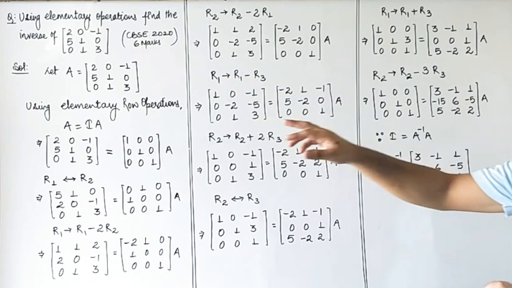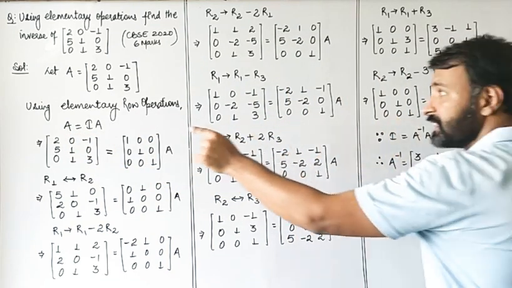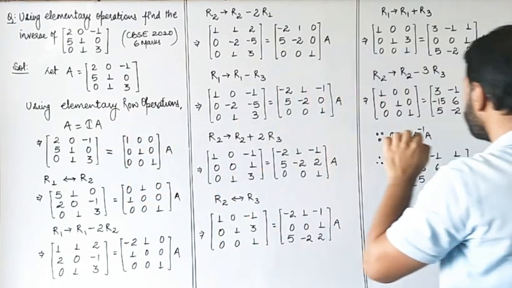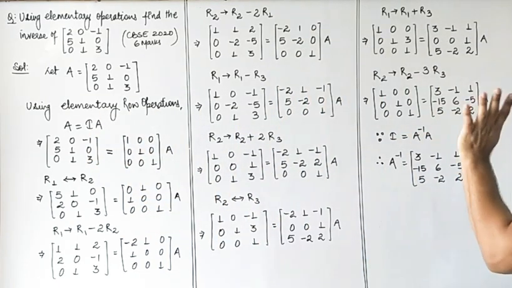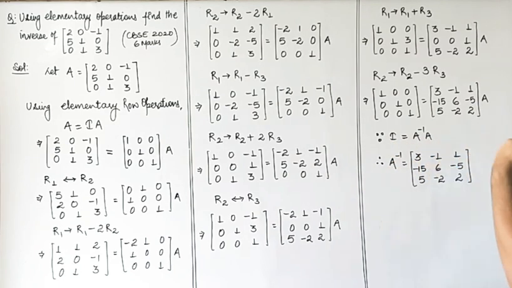Now, this A is converted into an identity matrix, and this identity matrix I has become a new matrix. We all know that I is equal to A inverse A. हम लोगों ने पढ़ा है बच्चों what is an invertible matrix.